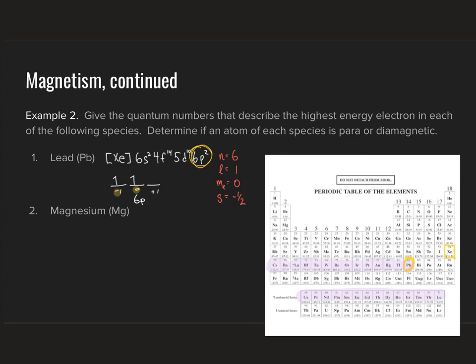Which means if we're looking at that 6p orbital, all of the previous orbitals up until that point are filled, and therefore would be diamagnetic, but that 6p orbital is occupied by 2 electrons, which fill suborbitals, both in the up spin position. So we've got 2 unpaired electrons present in that lead atom, which implies, therefore, atoms of lead would be paramagnetic.